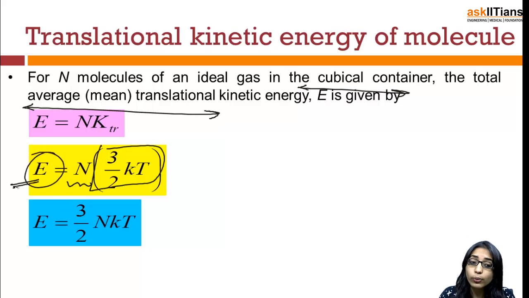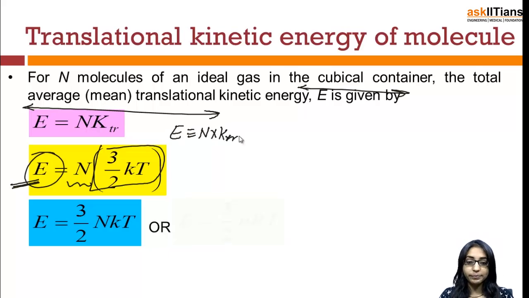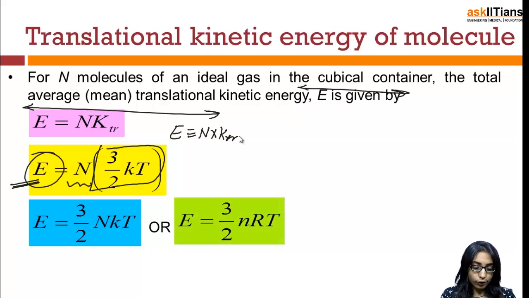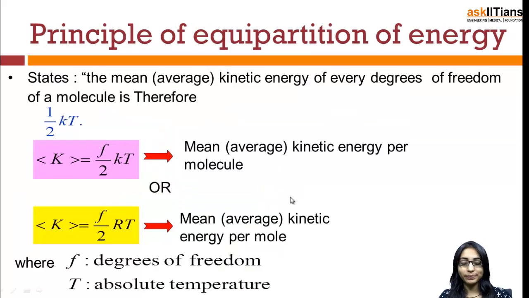So the total E is n into K translational for one molecule. Moreover, E will be 3 by 2 into nRT, where n is the number of moles, R is the universal gas constant, and T is the temperature in Kelvin.